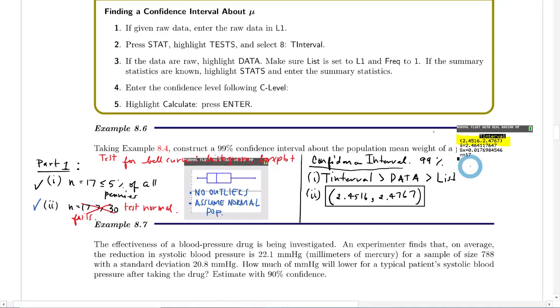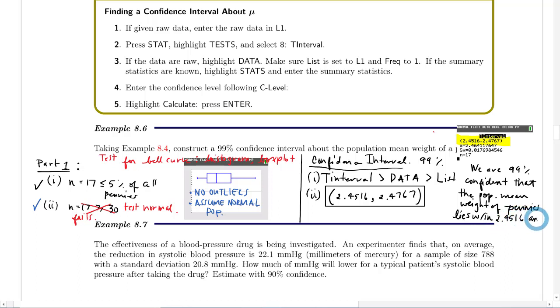Well, let's not forget. So we are 99% confident that the population mean weight of pennies lies within 2.4516 and 2.4767 grams.